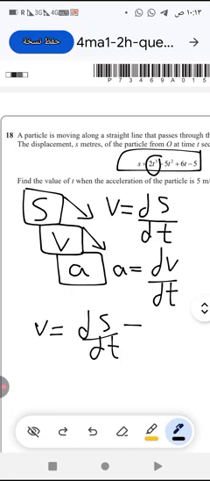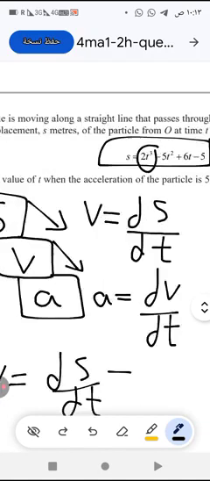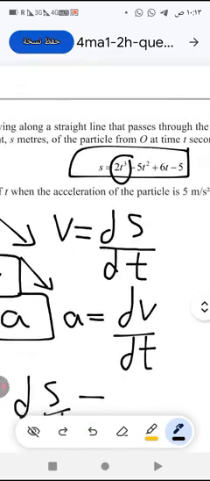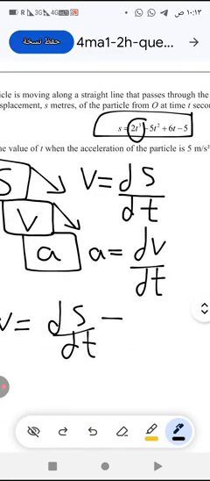We multiply this coefficient 2 times your power 3. 2 times 3 equals 6. 6 t to the power of, what is your new power? It is 2. Subtract 1 from your power. Your power is 3. Subtract 1, we get 2.